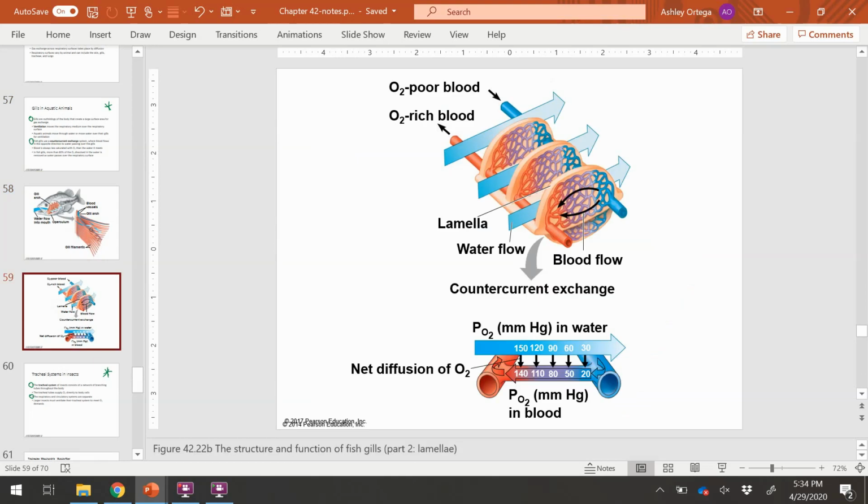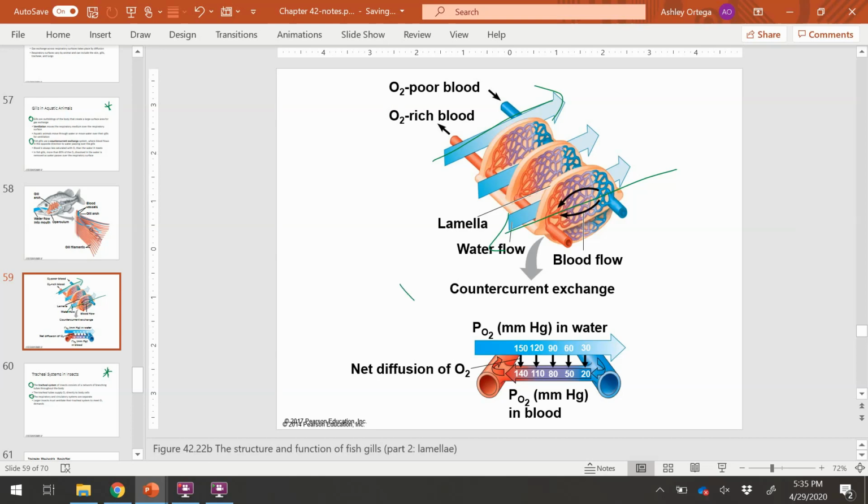And so looking at an individual filament, you can see they have rings called lamella for singular, lamellae for plural. These areas are the sites of gas exchange. As you can see, the water flow is in one direction. This way, in this example, the blood flow will be the opposite direction. And that allows for exchange of the oxygen more efficiently.